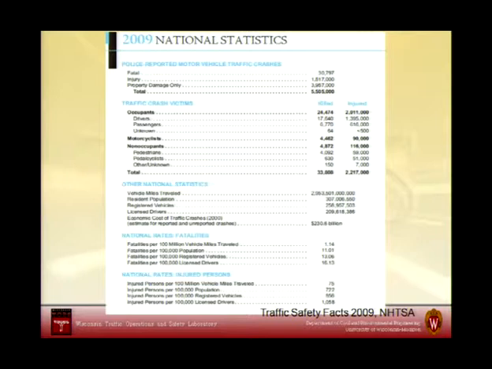The other, and I'll use the word traditional quite a bit as we go through our discussion today. What I'm trying to frame is the traditional ways, the common ways we have for looking at transportation safety-related issues. And we're all familiar with NHTSA and their safety facts that come out on an annual basis.